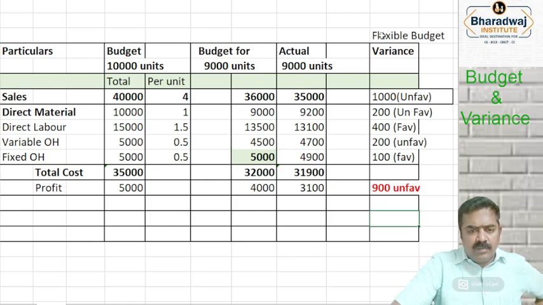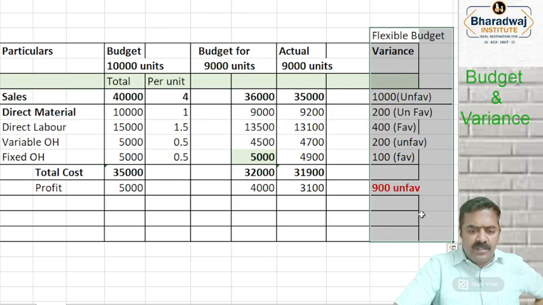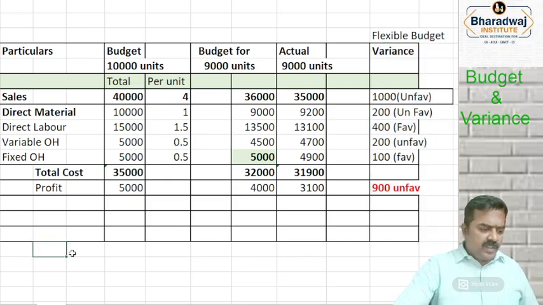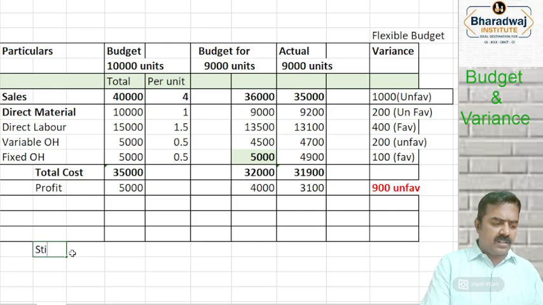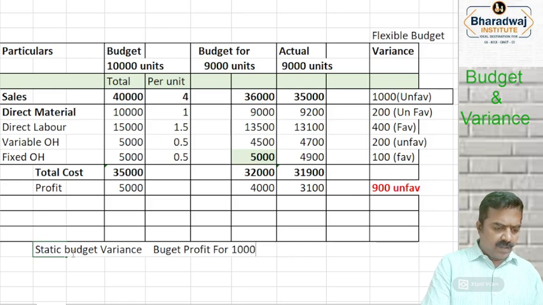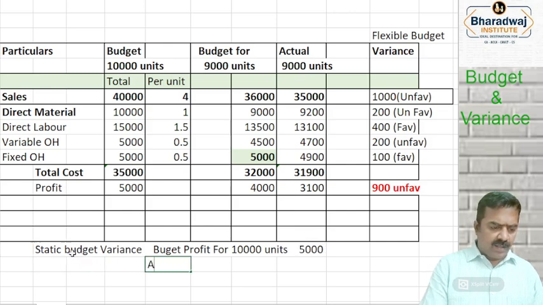This is flexible budget variance, not a fixed budget variance. If it is a static budget variance, you have to see budget profit for 10,000 units, that is 5,000, then actual profit for that 9,000 units.